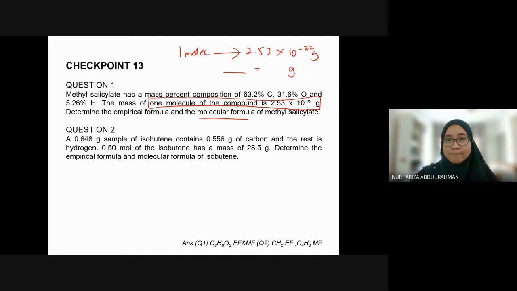It should be in gram because we are looking for molar mass. Which one should be put at the top? Which one at the bottom? Based on this, the gram should be at the top, 2.53 times 10 to the power of negative 22 gram. Ini pasangan dia, jangan pergi ubah. If gram is at the top, therefore one molecule should be at the bottom.